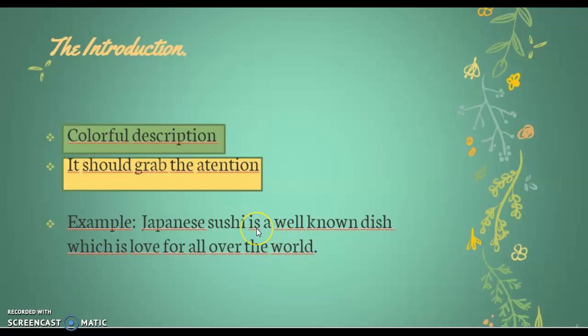This is very attractive for the reader at the moment of reading, and the reader has the motivation to read more about this text or about this topic.